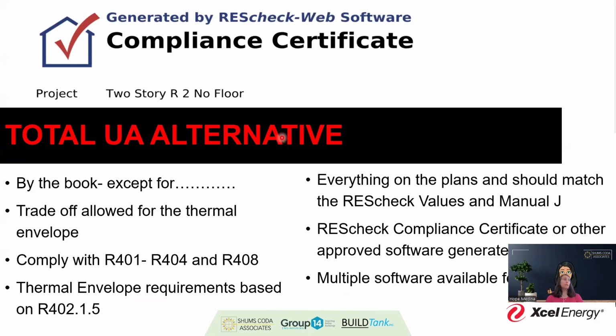So in this one, everything again is still by the book. There is some trading allowed, but it is only permitted for that thermal envelope. You're going to comply with those sections that I'm hoping you guys all can now say with me, 401 through 404 and 408.